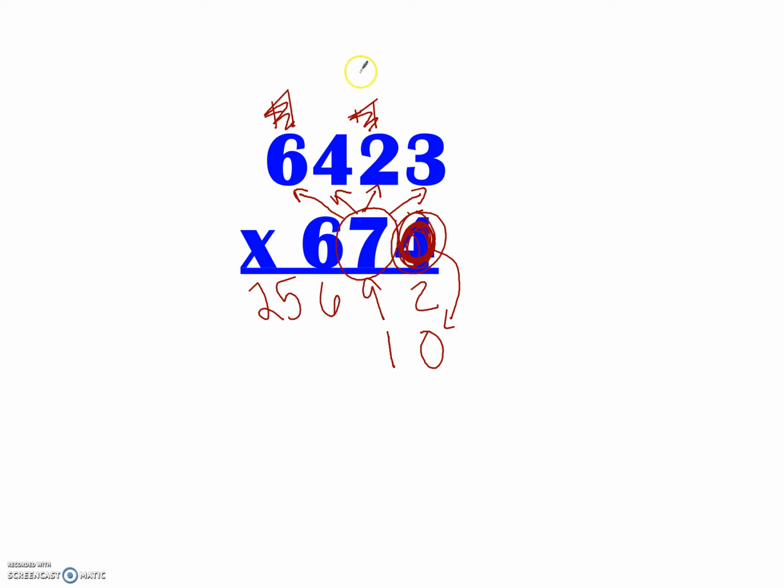And then we're going to add 2 back to the next one. 2 times 7 is 14, plus 2 is 16. So we put our ones, carry our 10. 7 times 4 is 28, plus 1 is 29. And 7 times 6 is 42, plus 2 is 44.